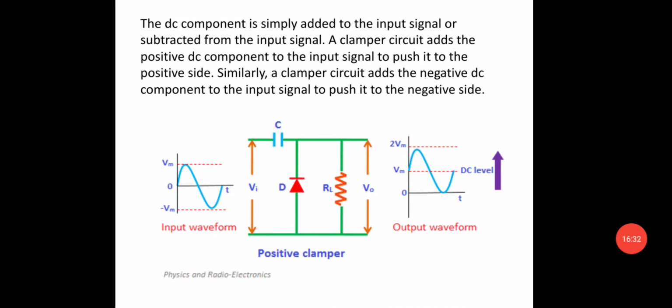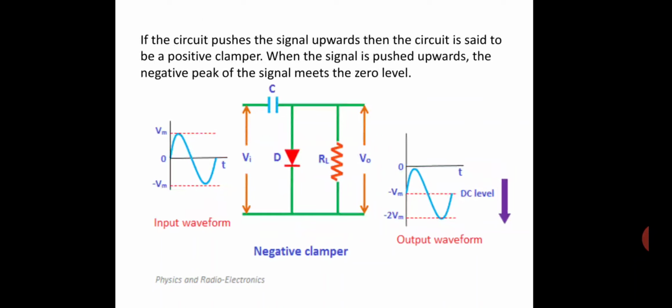So clamper circuits clamp a part in the positive direction or in the negative direction, not in both directions, only in one direction. If it increases the level of input in the positive direction, it is called a positive clamper. When it increases a portion of input in the negative direction, it is called a negative clamper.